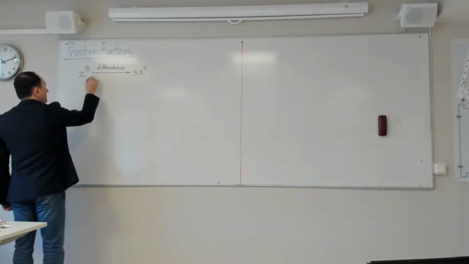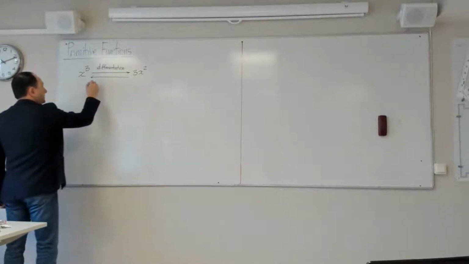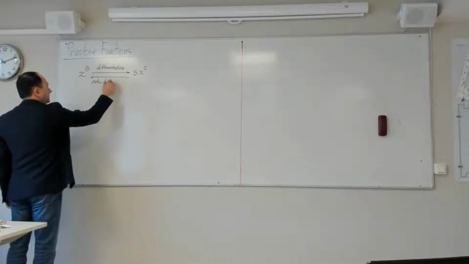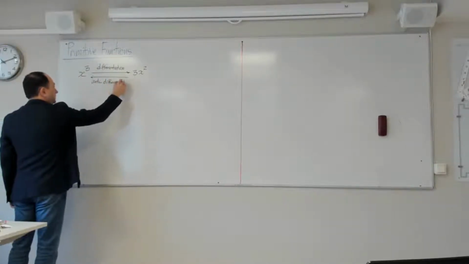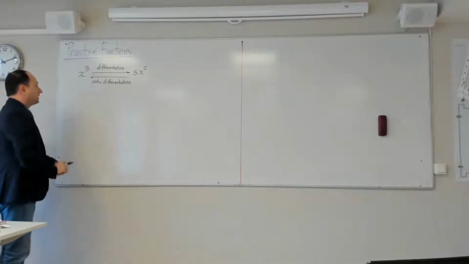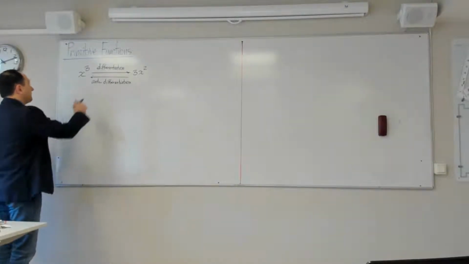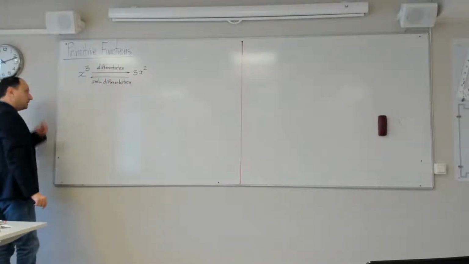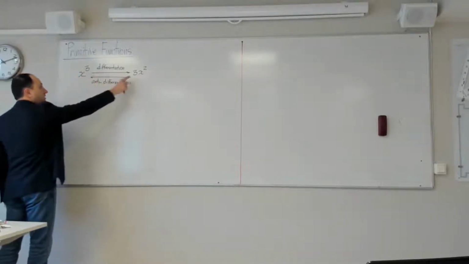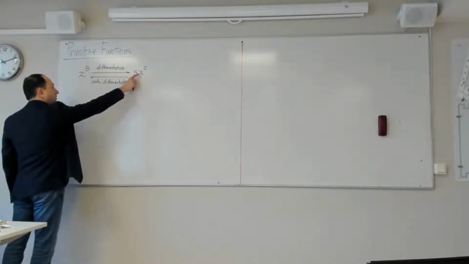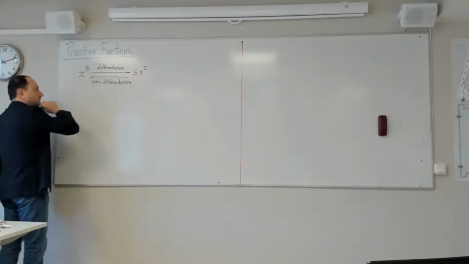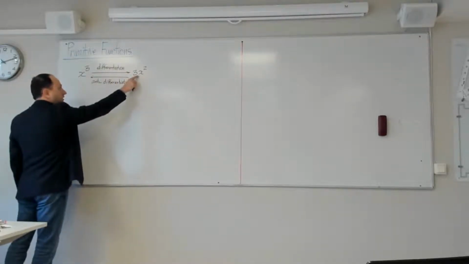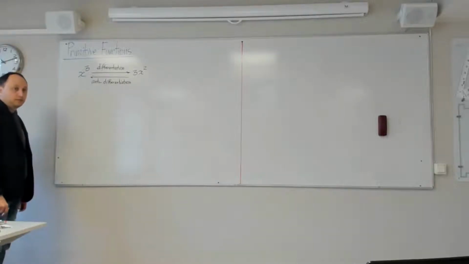And then anti-differentiation will take you in the reverse direction. Okay, so here, this is the function, this is its derivative. Now, this function here is called the derivative of this function. This function here is called a primitive function of this function here. Yes?